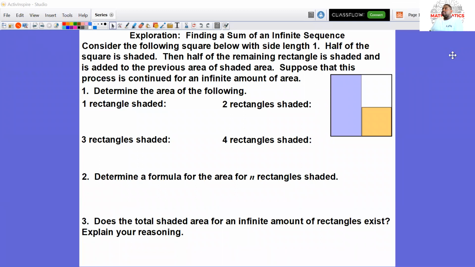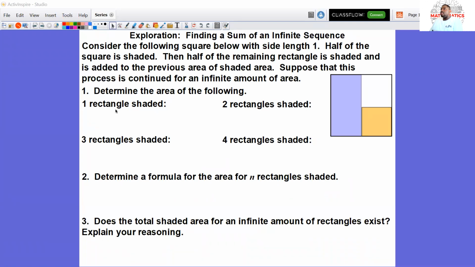It says, consider the following square below with side length 1. Half of the square is shaded, then half of the remaining rectangle is shaded and is added to the previous shaded area. Suppose that this process is continued for an infinite amount of area. Part 1 wants us to determine the area of the following regions.